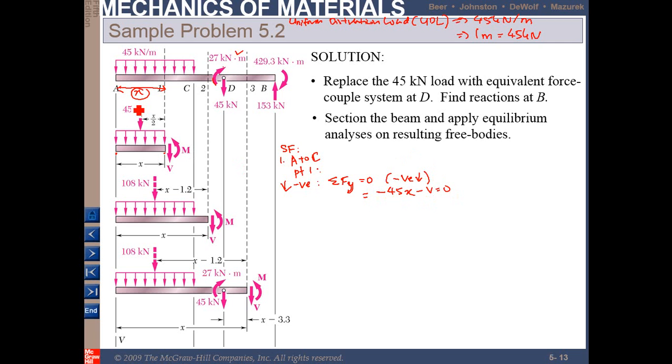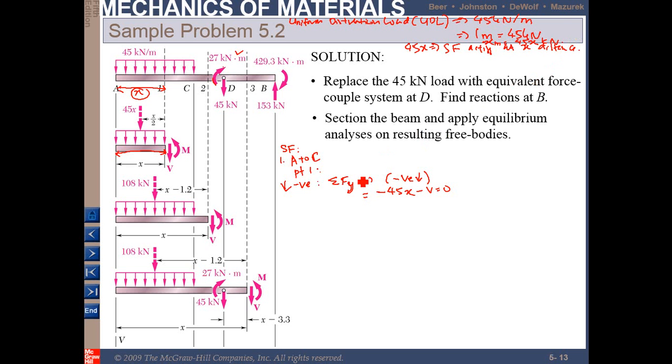So 45x is the value of the shear force acting for this distance. Okay, so I write here 45x is the value of the shear force acting at x distance, because in 1 meter it has 45 kilonewton, in x meter it has 45x kilonewton.